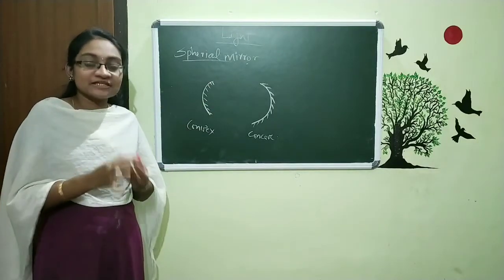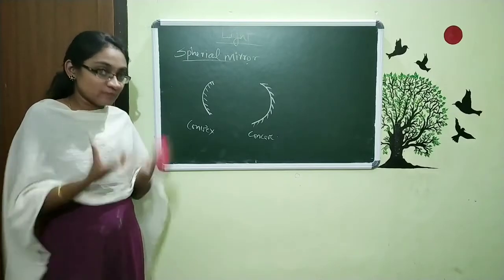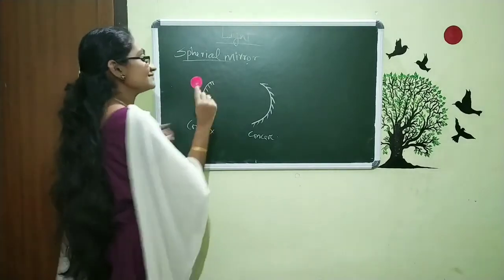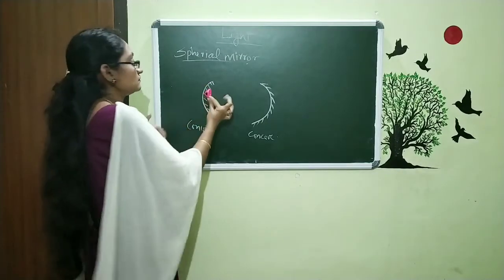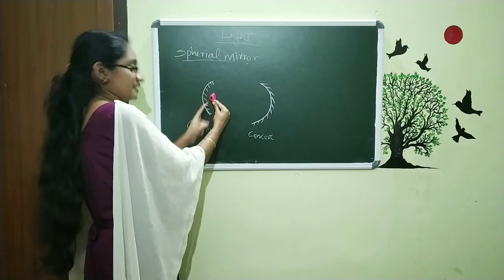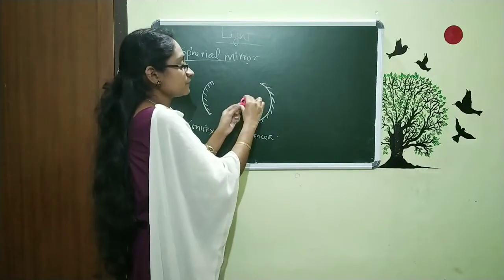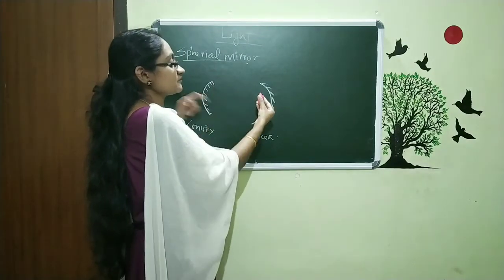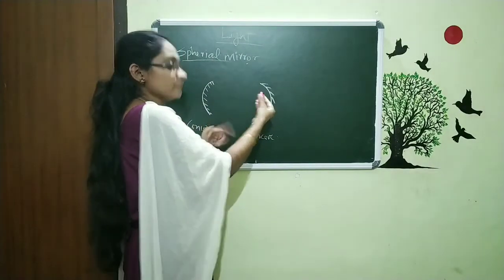That is the only thing mentioned in that activity: take one ball, cut it into pieces, and compare this piece with this diagram. This is our convex mirror. And when we are putting it like this, this is our reflecting surface and this is a concave mirror.